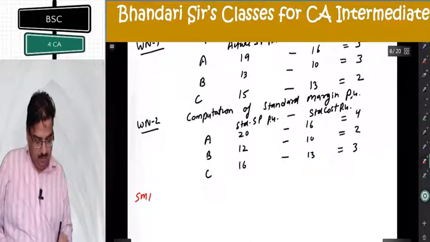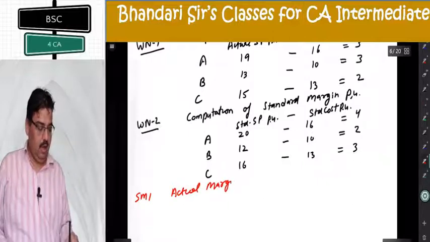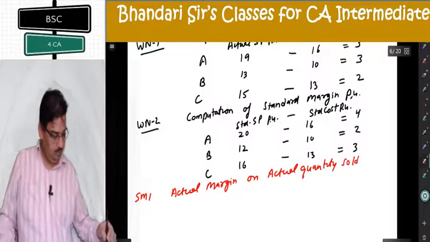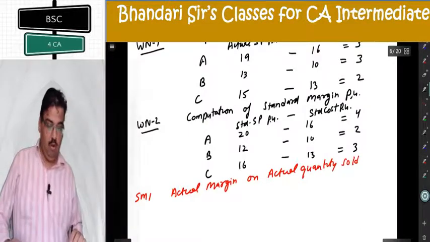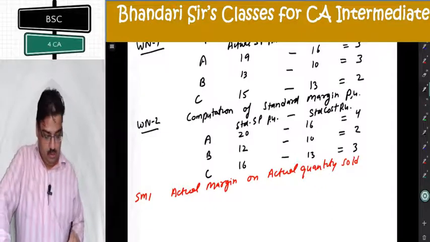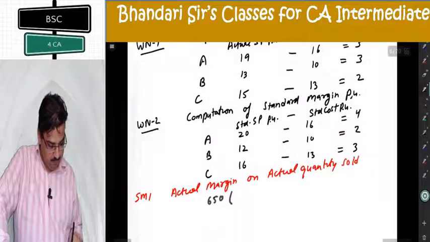SM1. Actual margin on actual quantity sold. Actual quantity sold 650. You're having margin of 3.